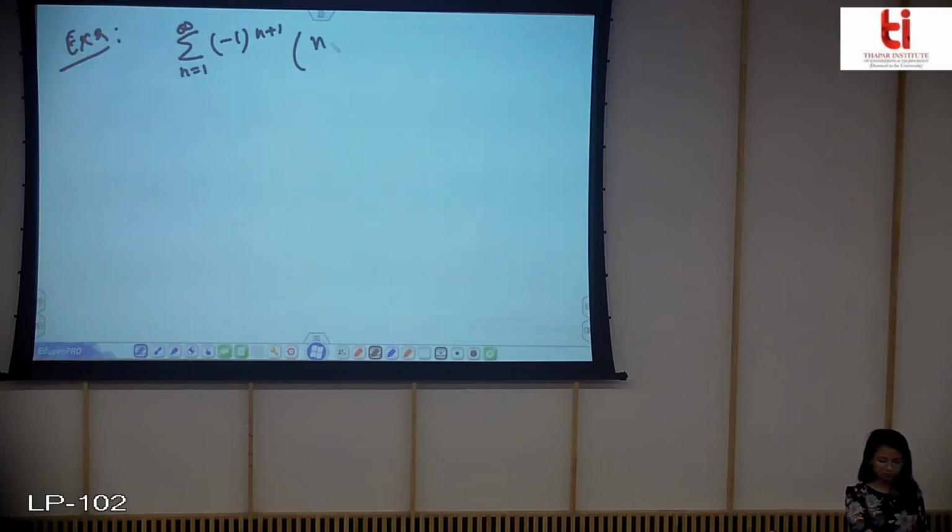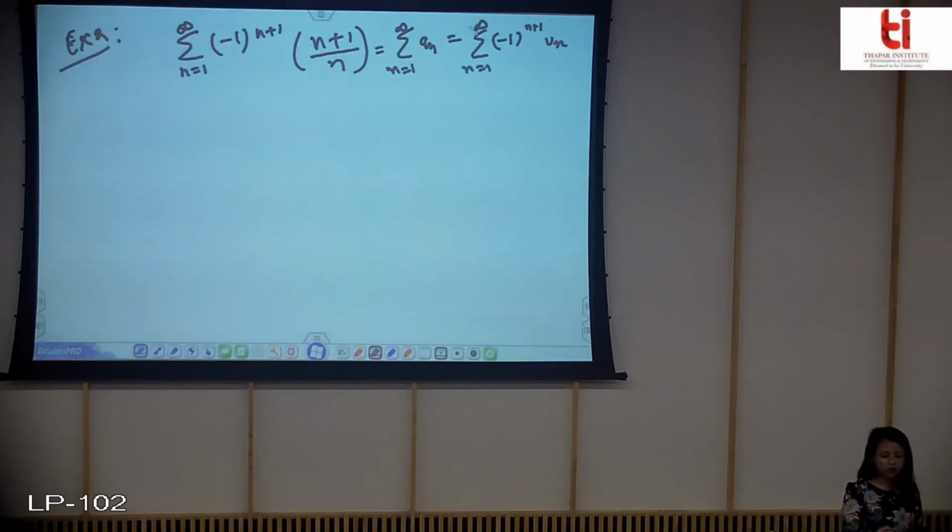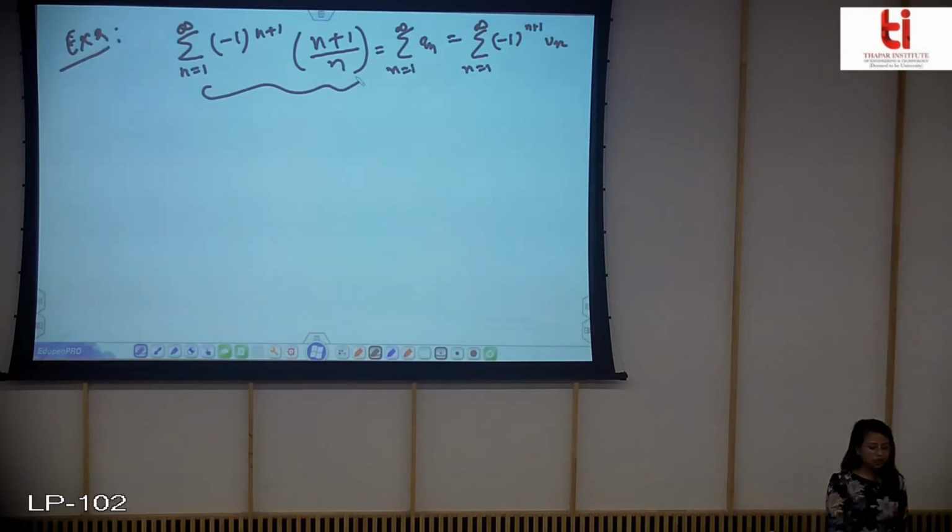So you have this series. I'll write it for notation purposes. This is equal to an, and if I take out the signs from it, I'll call it un. Now you want to check whether it is convergent or divergent.